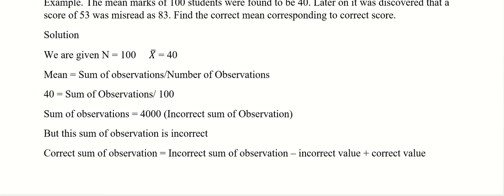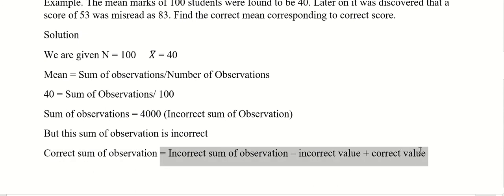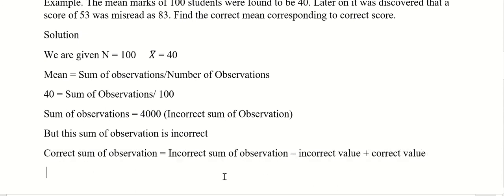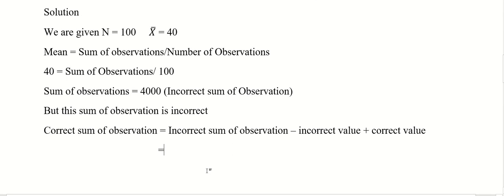The incorrect value is 83 because it was misread as 83, and the correct value is 53, right? So the incorrect sum of observations is 4000 minus incorrect 83 plus correct 53. This is how we calculate the correct sum of observations.